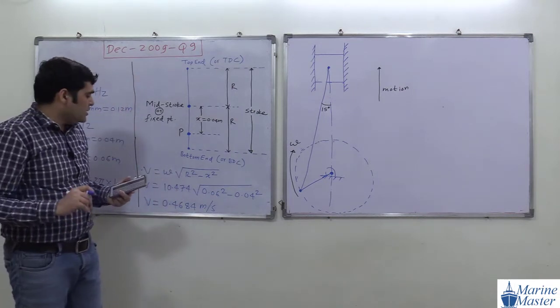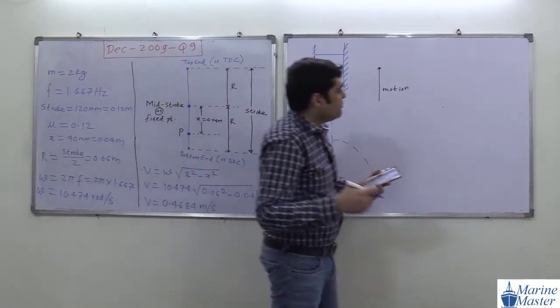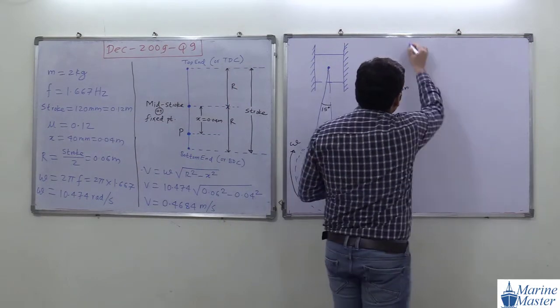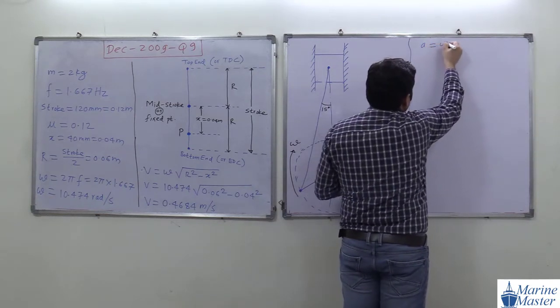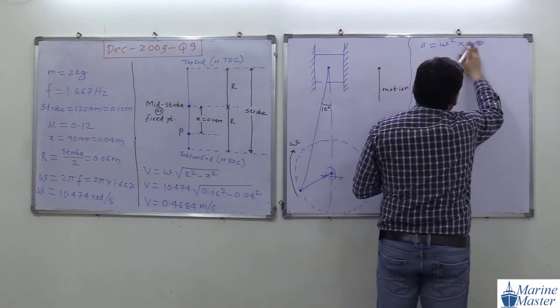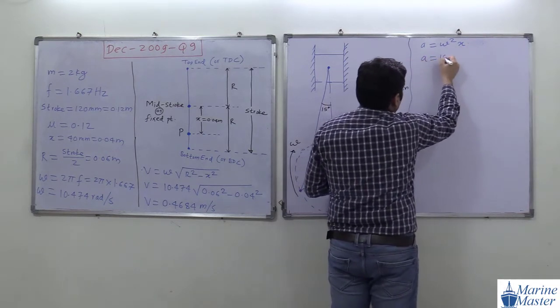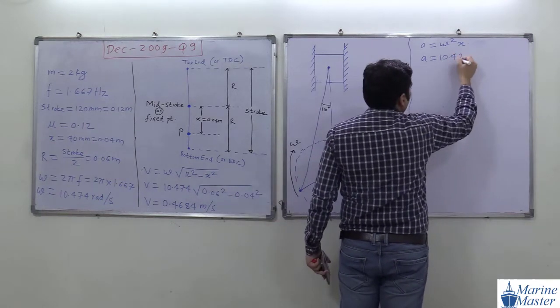From velocity we can easily find the kinetic energy. But before getting the kinetic energy, we are going to calculate the acceleration. We need the acceleration for B part. Acceleration means omega square x. What is the value of omega? 10.474 square.